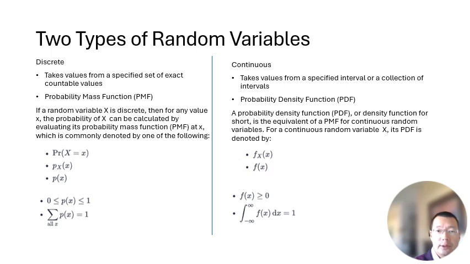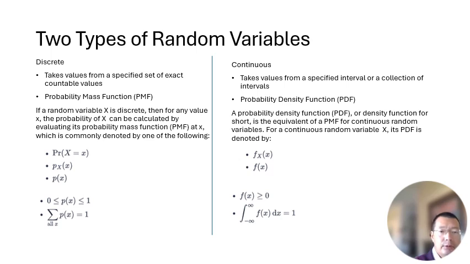For continuous random variable X, the PDF is denoted as f with subscript X or not. They represent the same thing. Lastly, the value of p(x), if it's discrete, is between 0 and 1.